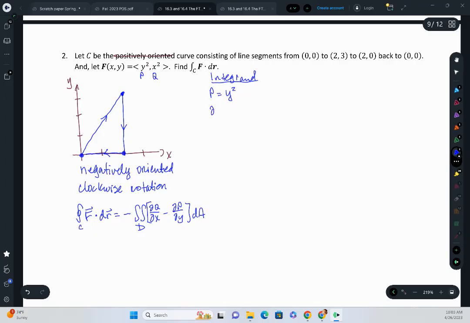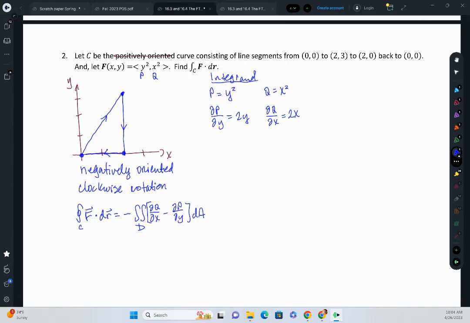P equals y squared, then del P del y is equal to 2y. If Q is equal to x squared, then del Q del x is equal to 2x. All right, so then del Q del x minus del P del y is just equal to 2x minus 2y.